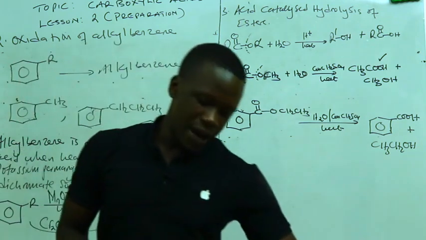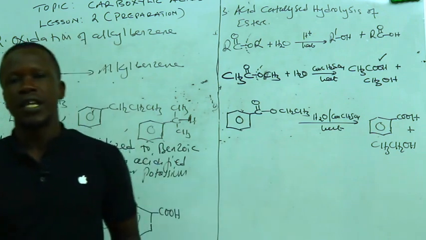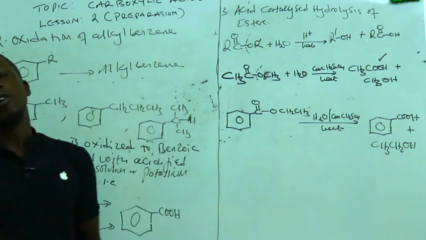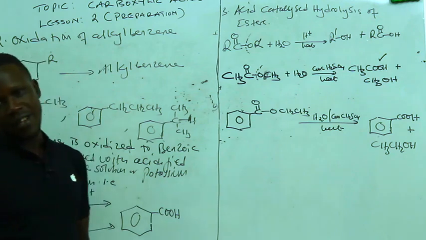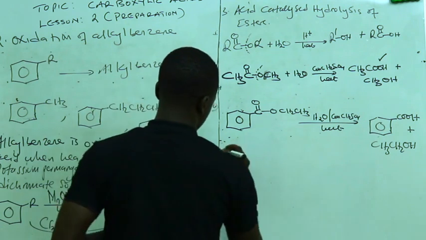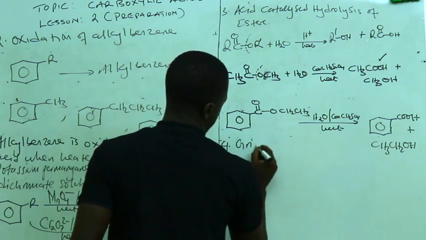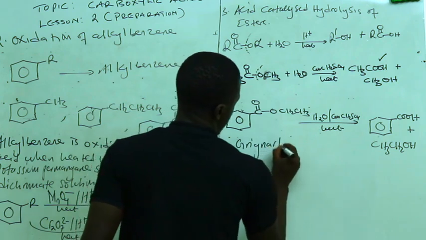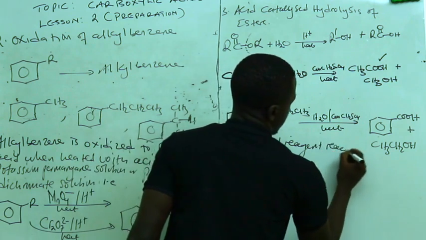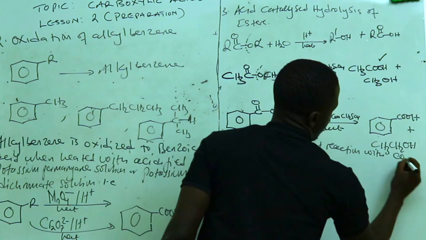Now, another method that we can use to prepare carboxylic acid, and we have already seen this method, is the use of Grignard reagents. Method number 4: Grignard reagent reaction with carbon dioxide.